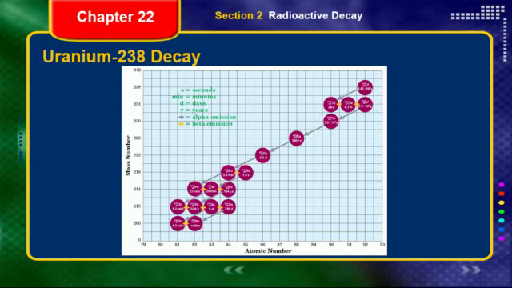So let's look at an example. We have the decay series for uranium-238. So we are going to start with uranium-238, and each time we are going to emit some sort of nuclear radiation. We're going to decay until what was uranium-238 finds a more stable form.